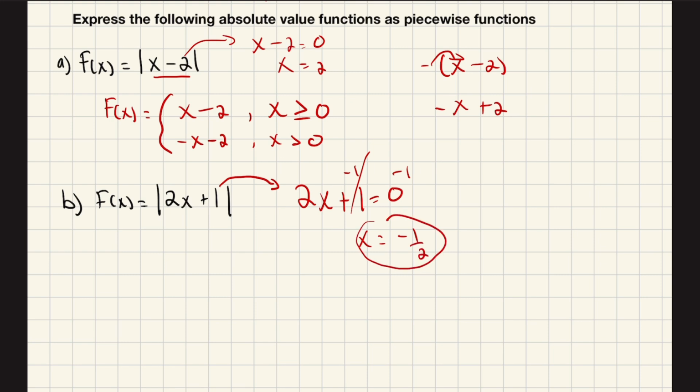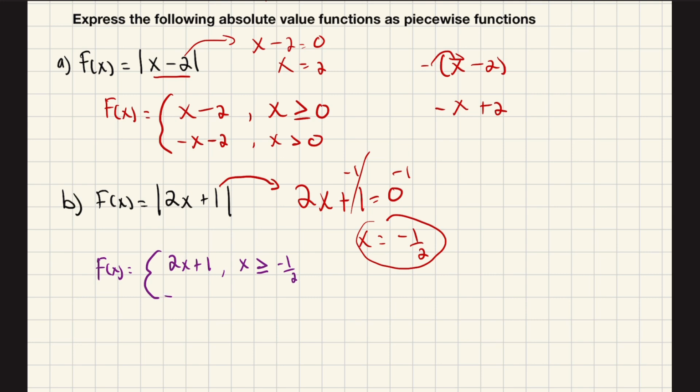And so, like we did before in general form, we got f at x is equal to, and it's going to be 2x plus 1 when x is greater than or equal to negative 1 over 2.